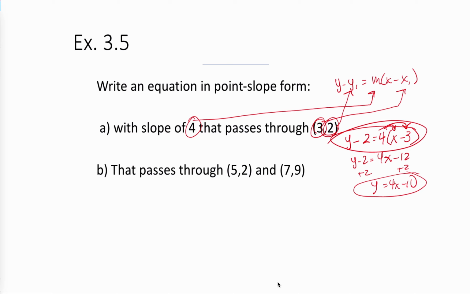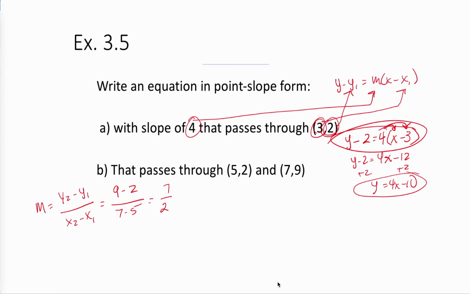For a line that passes through 5, 2, and 7, 9, we have 2 points, but what we don't have is the slope. So we're going to have to find the slope. All right, y2 minus y1 over x2 minus x1, which is going to be 9 minus 2 over 7 minus 5, which is 7 over 2.